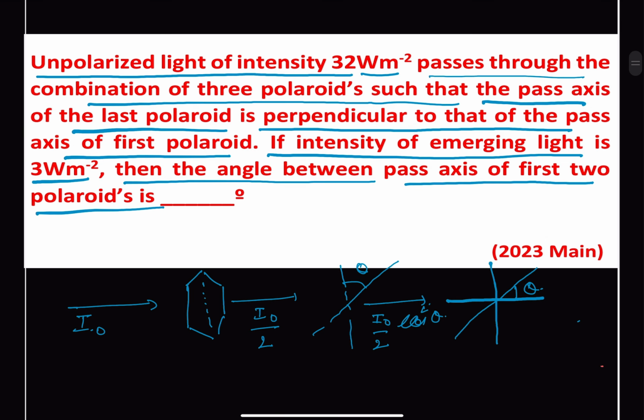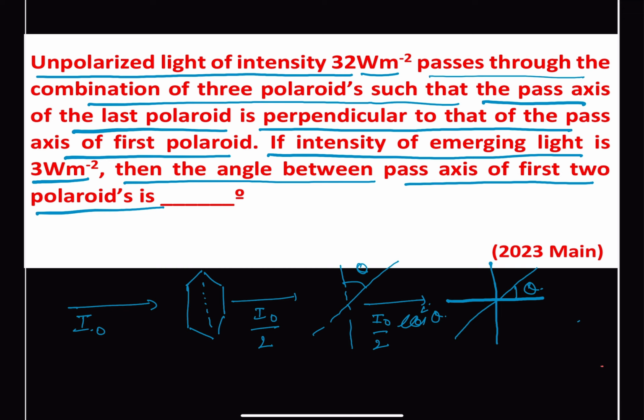Okay, so we are given unpolarized light of intensity 32 watt that passes through a combination of 3 polaroids.